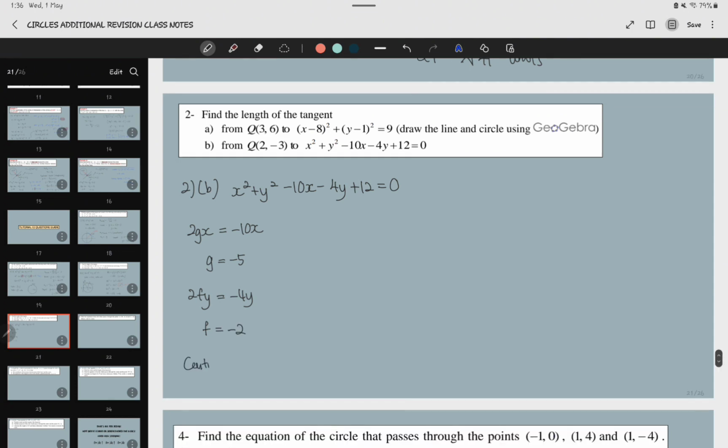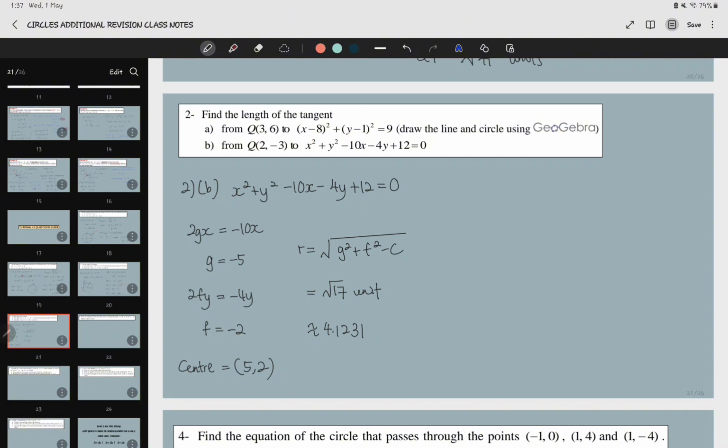My center would be 5, 2. My radius would be, using the formula, square root of g squared plus f squared minus c, where your c is positive 12. Root 17 units, which is approximately 4.1231. This is the information that we get from the general equation.